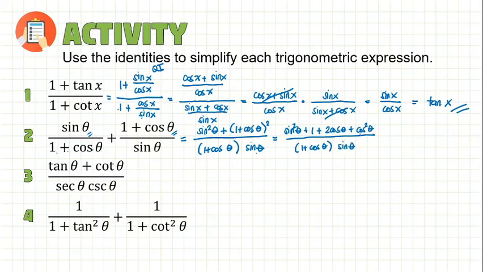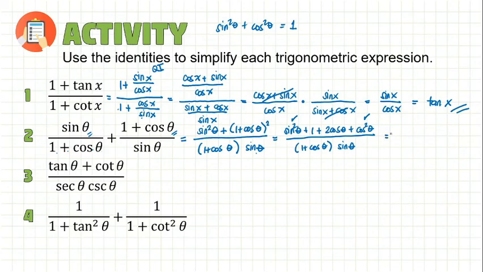Now take note from our Pythagorean identity, sine squared theta plus cosine squared theta is equal to 1. Therefore, sine squared theta here plus cosine squared theta becomes just 1.